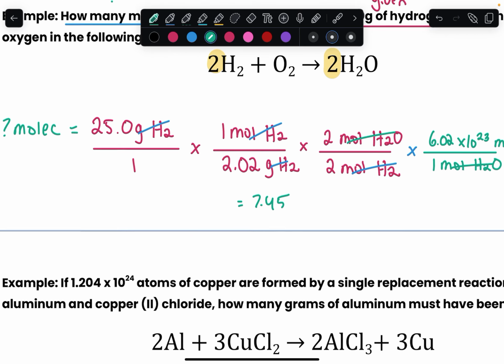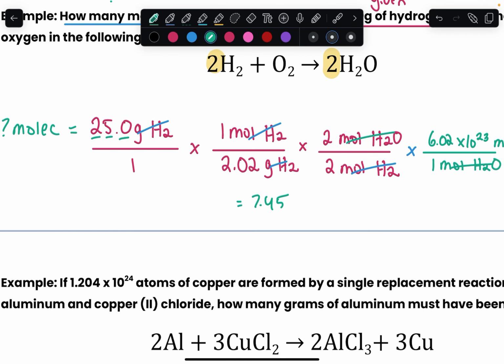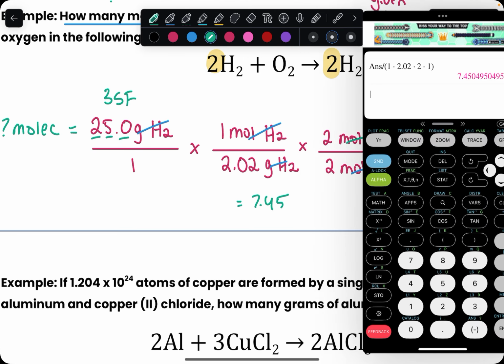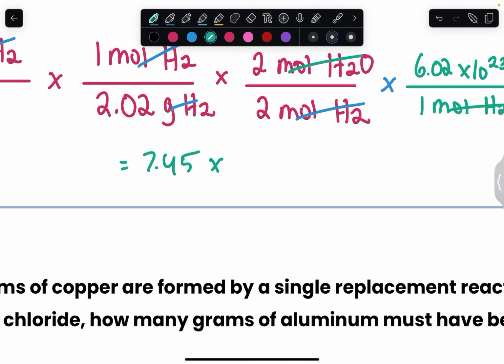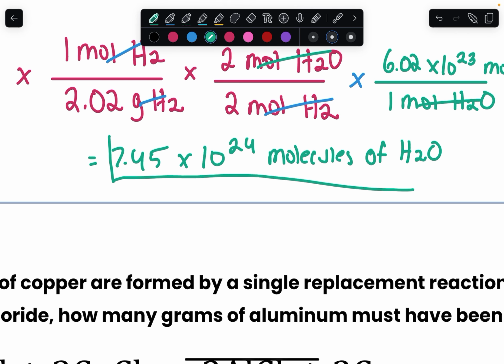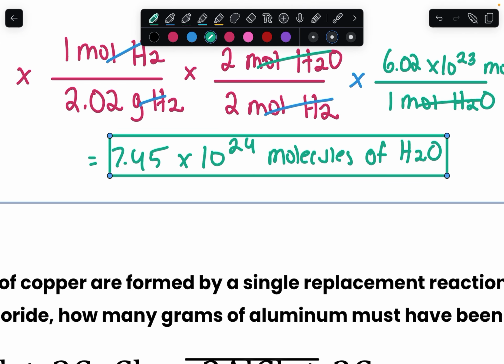Since our given number had 1, 2, 3 sig figs, I am going to round this number off to 3 sig figs. So I'm going to make it 7.45 since there is a 0 after that 45 there. E to the 24th just means times 10 to the 24th. And don't forget your units. So we're going to go molecules of H2O. And that is your final answer for example number 1.